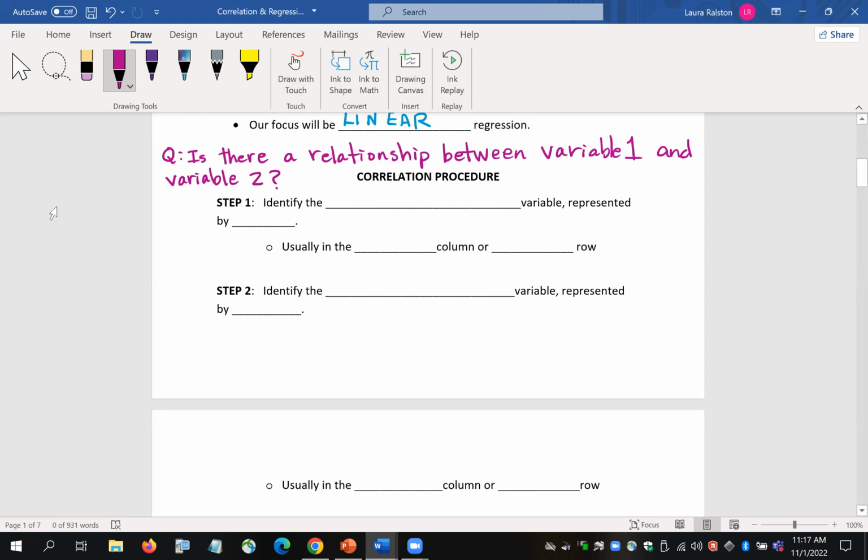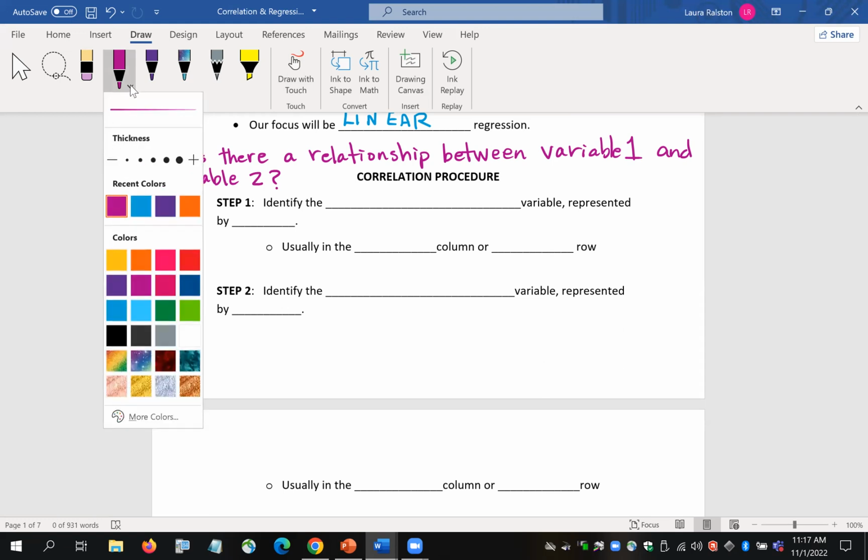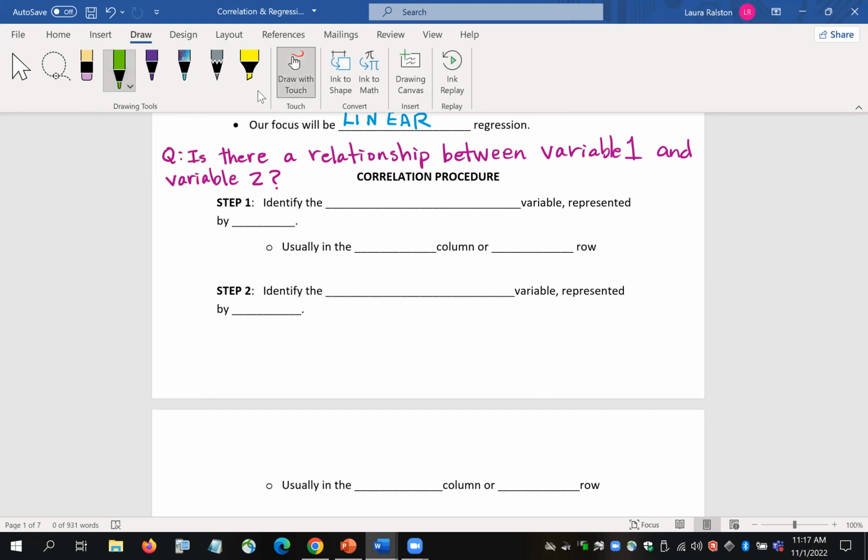Now, in terms of the word relationship there in that question, we could see other words. There are some synonyms you might see. You might see the word connection.